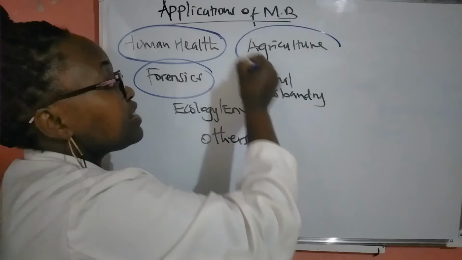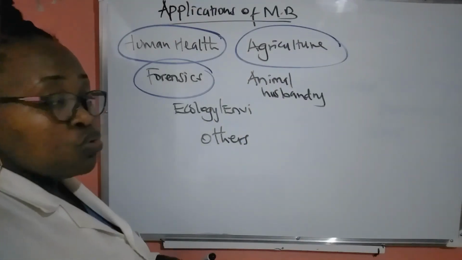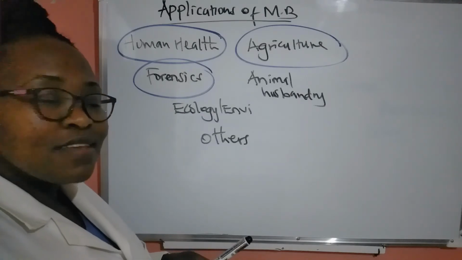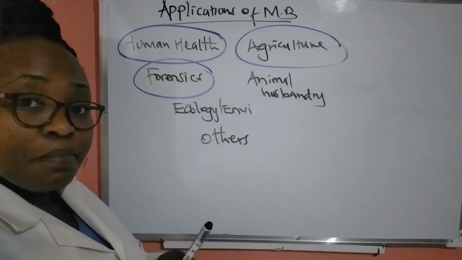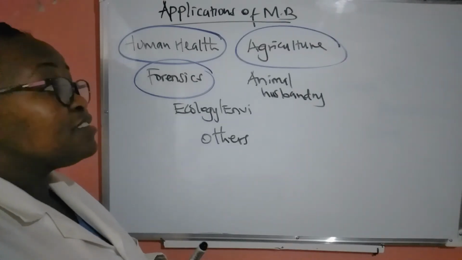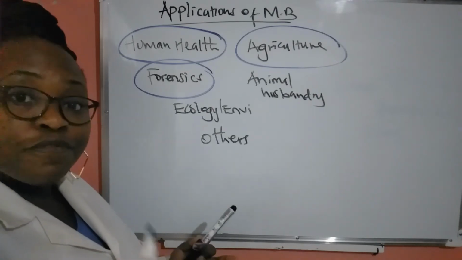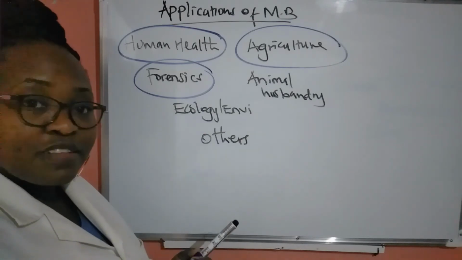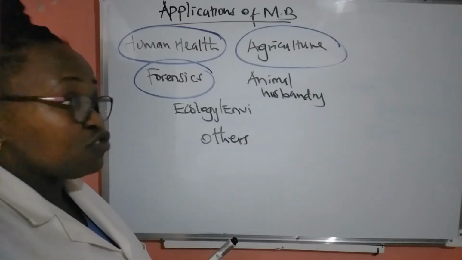It is used in agriculture to detect pathogens that affect plants. It is also used in plant breeding. It is also used in making of genetically modified plants that can be able to resist, for example, arid conditions.